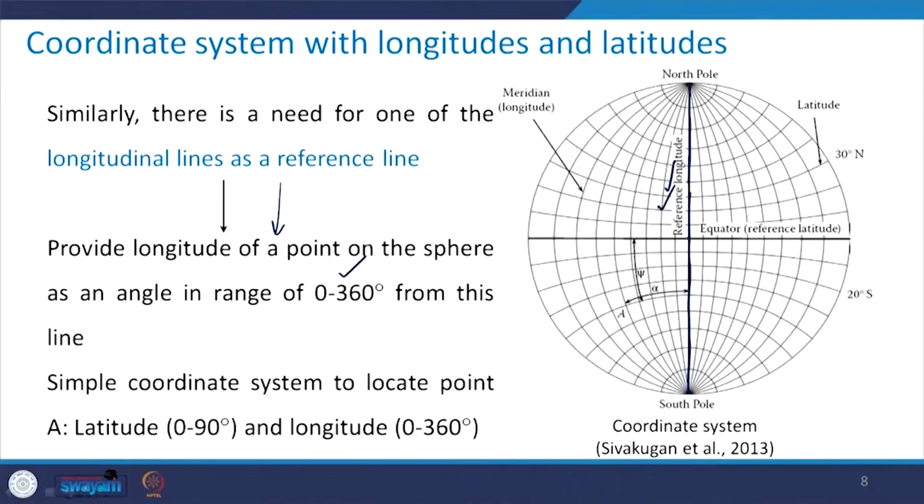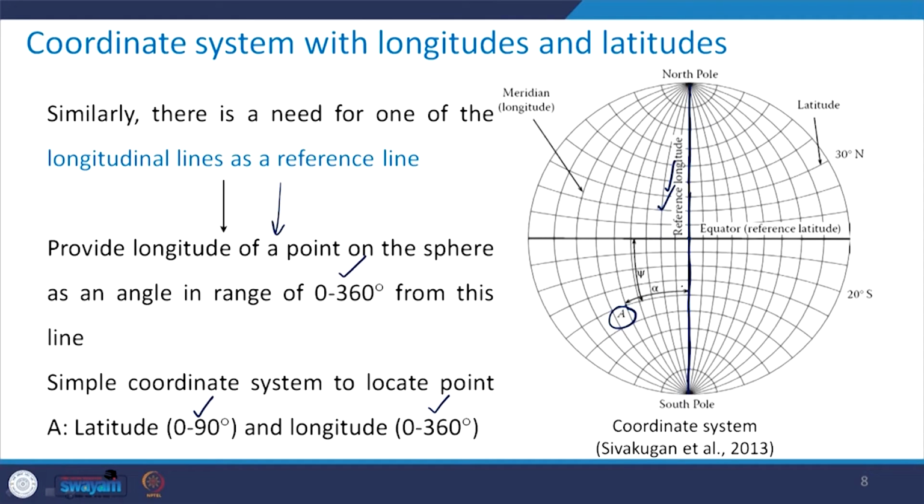So, we can define a simple coordinate system to locate any point A. Let us say this is the point A that I want to locate, having some latitude and some longitude. This latitude can be from 0 to 90 degrees and the longitude can be 0 to 360 degrees.